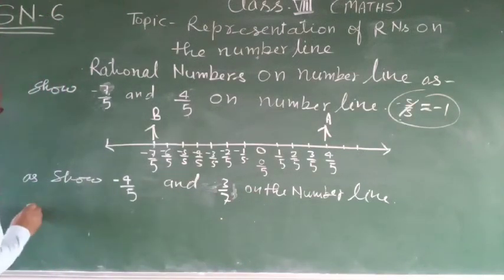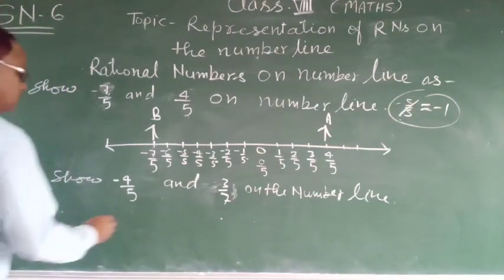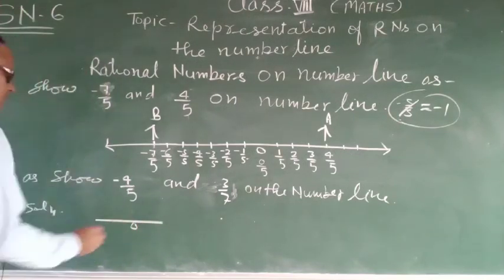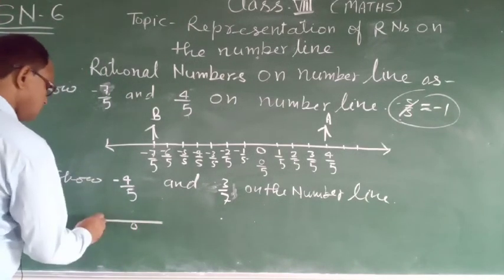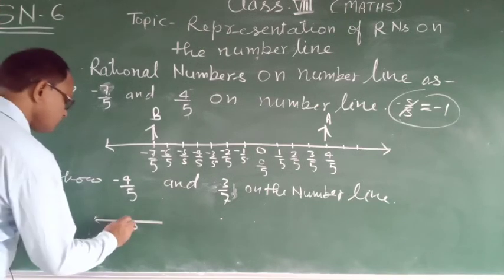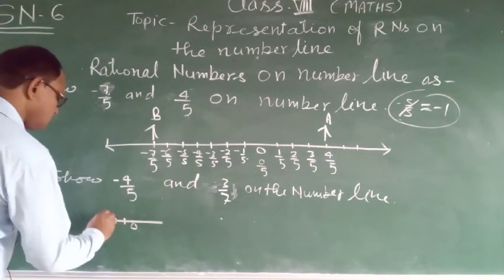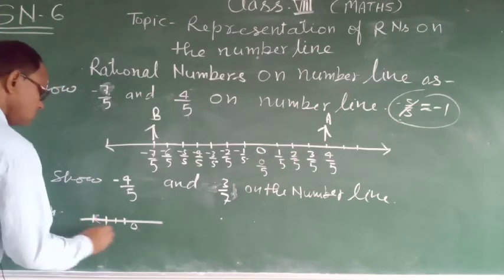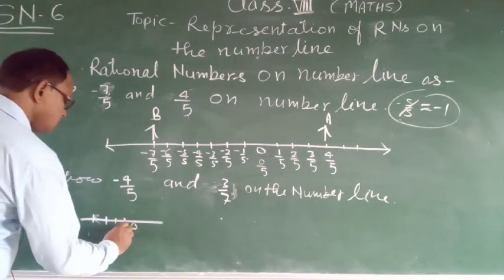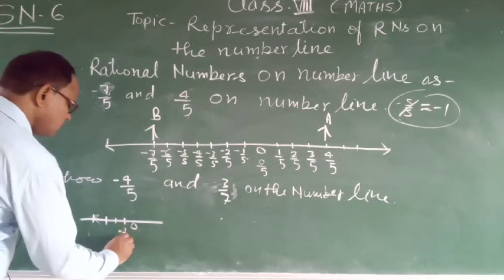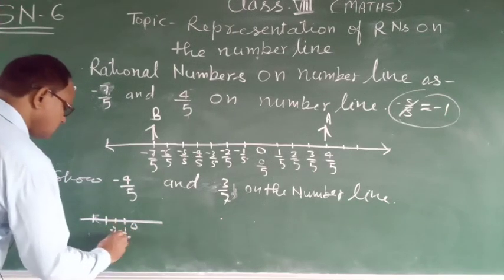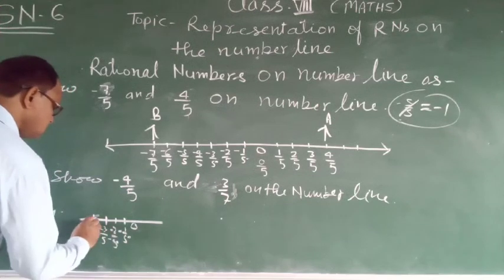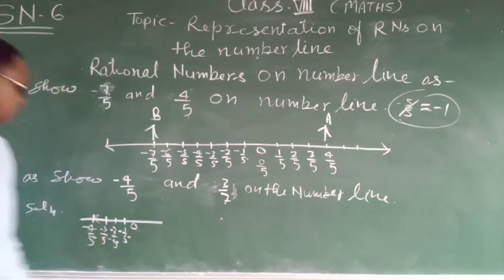Here, on a separate line, we write 1, 2, 3, 4, and here minus 1 by 5, minus 2 upon 5, minus 3 upon 5, minus 4 upon 5.